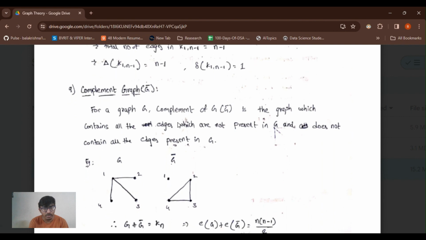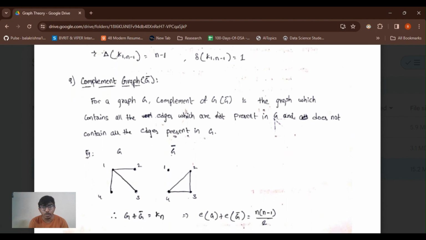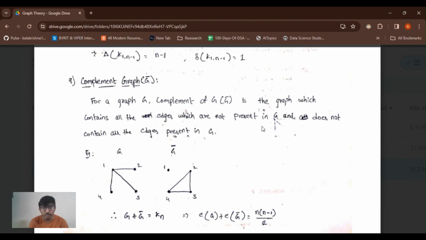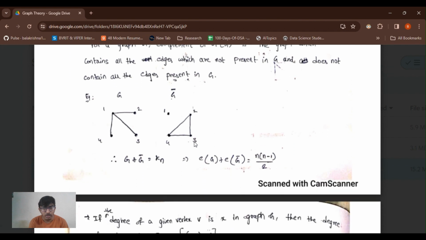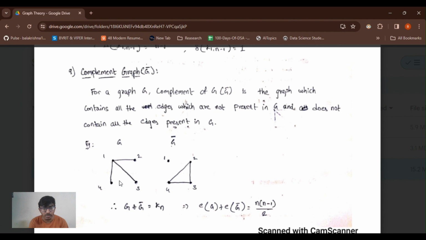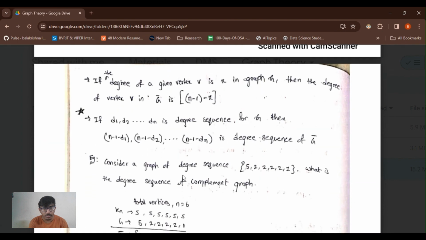Complement graph. For a graph G, the complement of G is a graph which contains all the edges which are not present in G and does not contain any of the edges present in G. So this is a complement graph. If the degree of a given vertex V is x in graph G, then the degree of V in G dash is n minus 1 minus x.